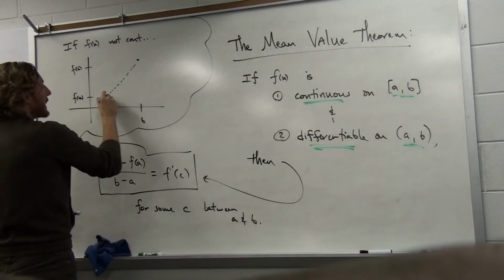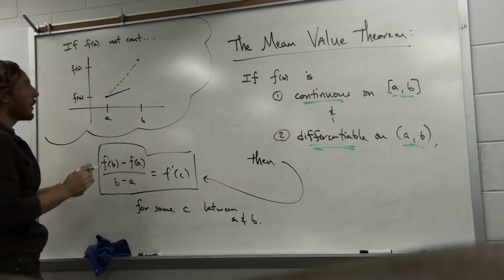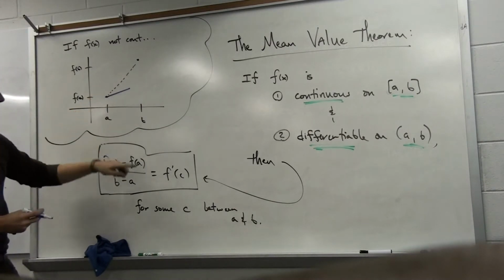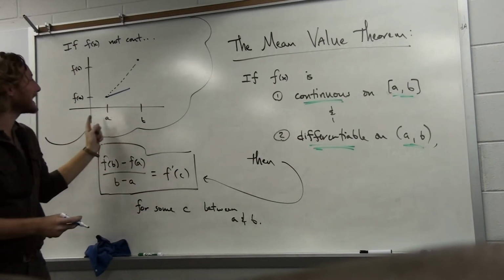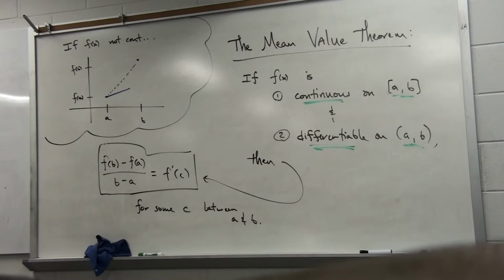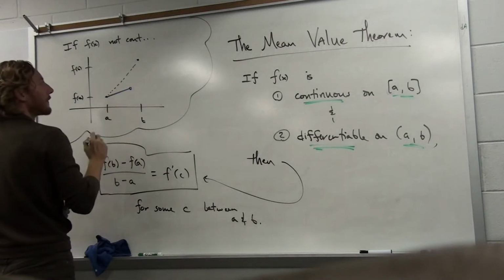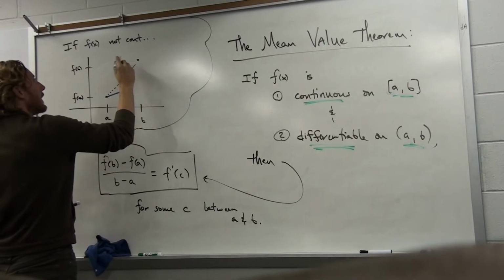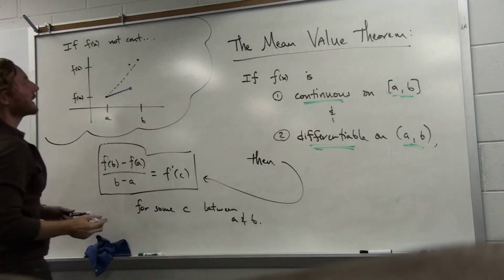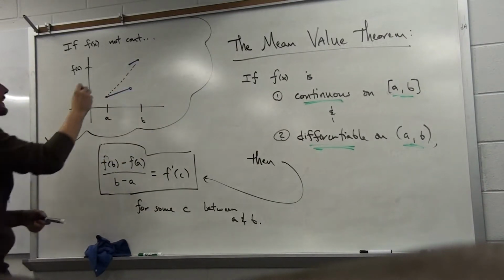Check it out. Imagine the function started off going like so. Note, the slope of this line is not the slope of the dashed line. The mean value theorem says that for some c in between a and b, the slope of the tangent has to be equal to the slope of the dashed line. But now, imagine the function jumped from that point to there, and then the function continued onward.